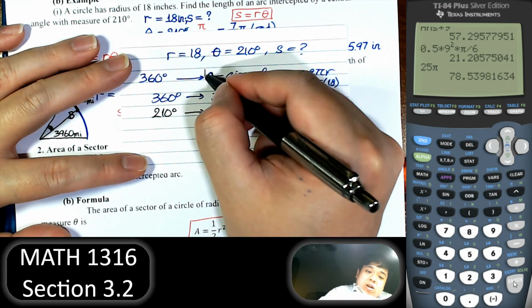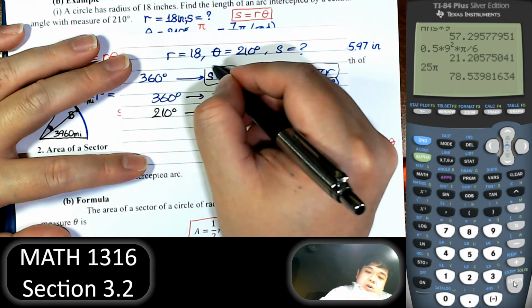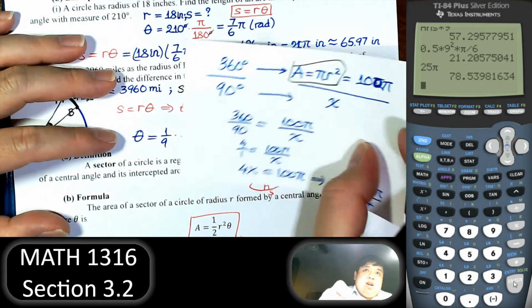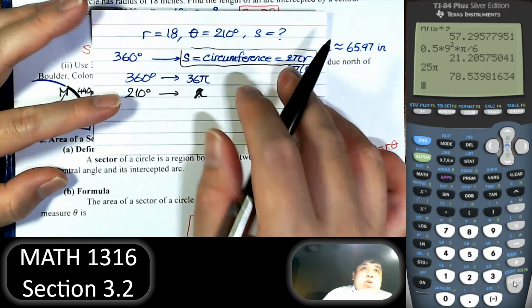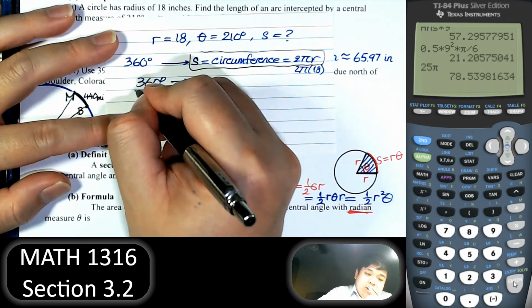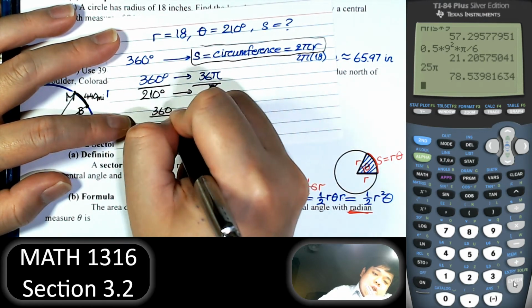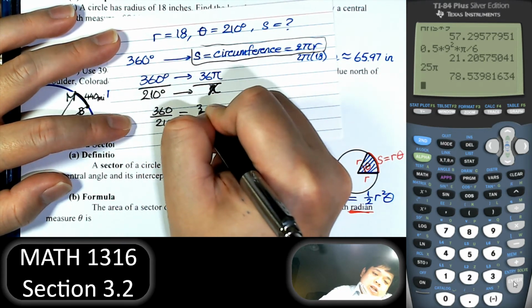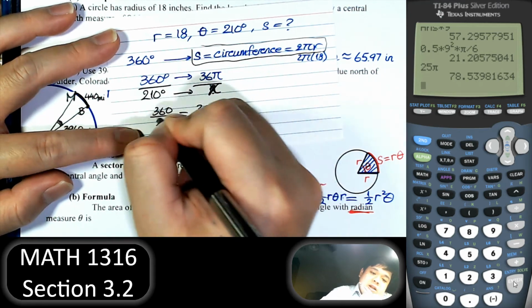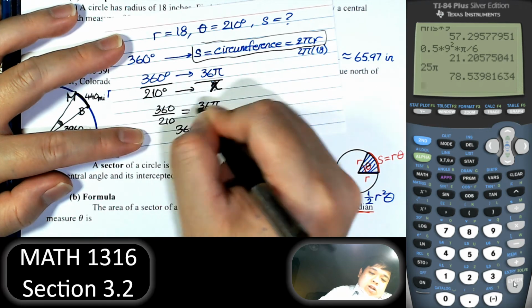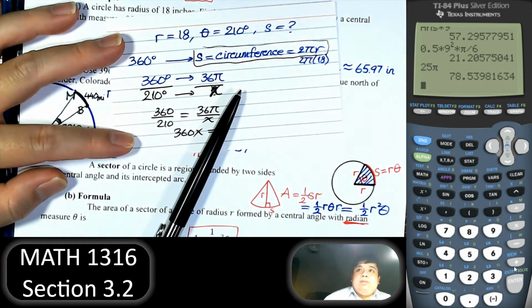If we know the circumference of a circle and then the area of a disk, area of a circle, right? We just set up the ratio: 360 divided by 210 is equal to 36 pi divided by x. Cross multiply, 360x equal to 36 pi times 210.